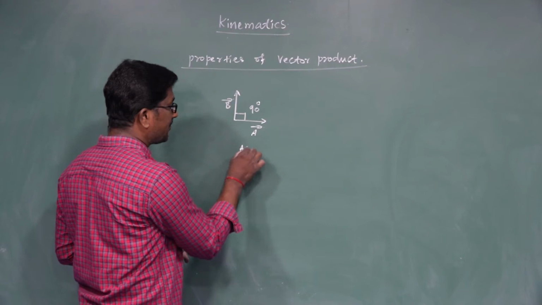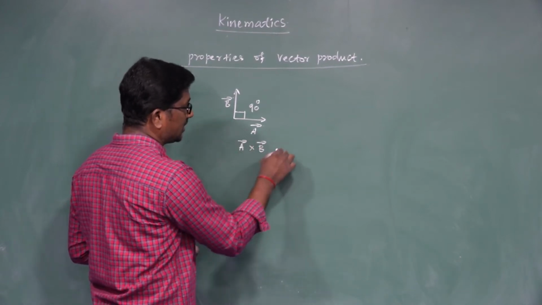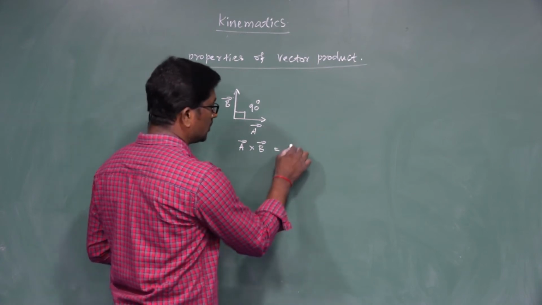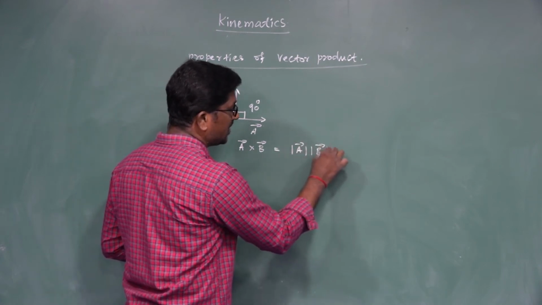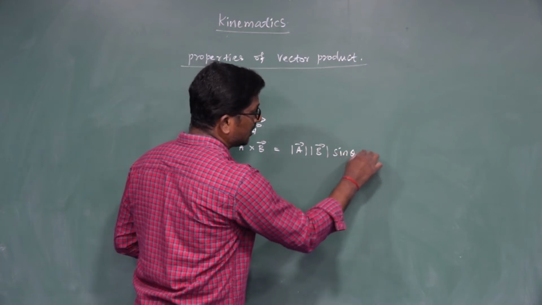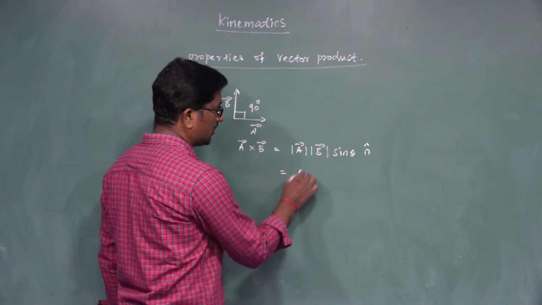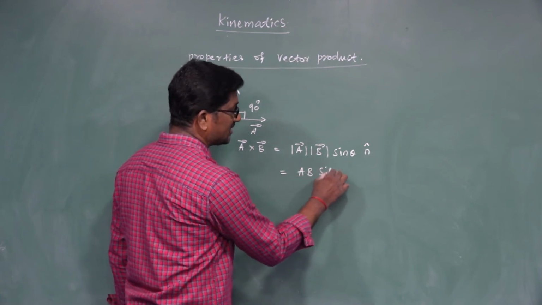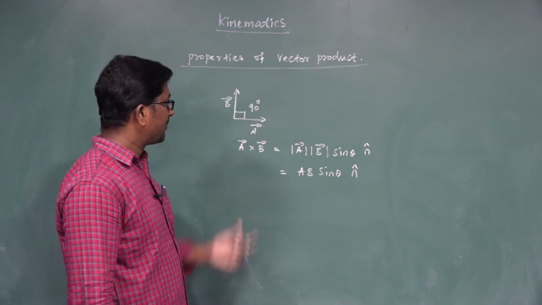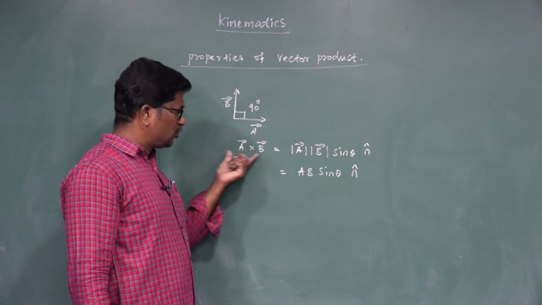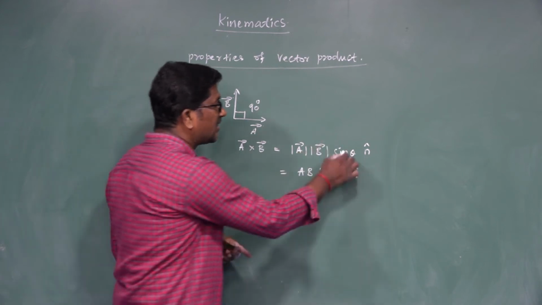That is, A vector cross B vector is equal to modulus of A vector, modulus of B vector, sin theta into n cap, or otherwise AB sin theta into n cap. The vector product of these two vectors will have maximum value if sin theta value is 1.